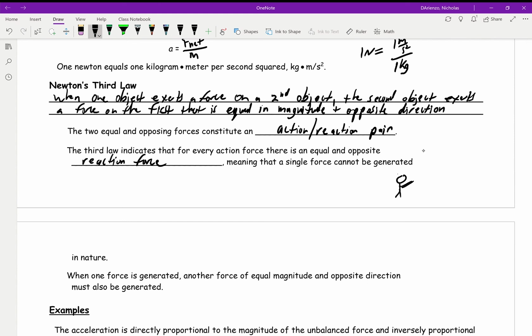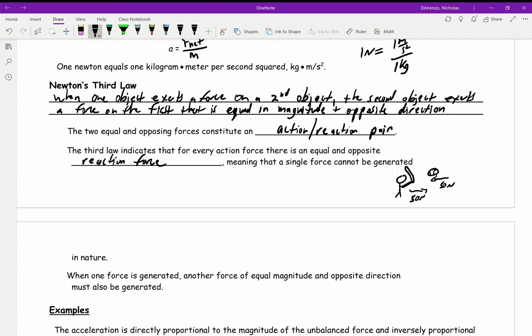If we have a person swinging their bat at a baseball, and this bat applies a 50 Newton force onto the baseball, the baseball is also going to apply a 50 Newton force back on the bat.